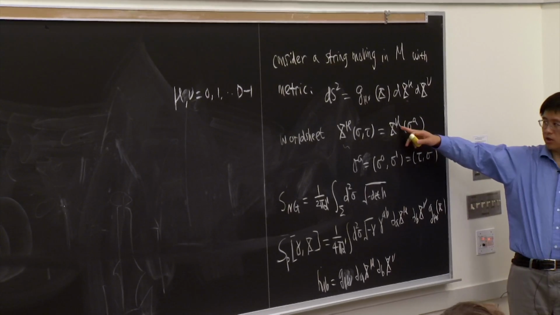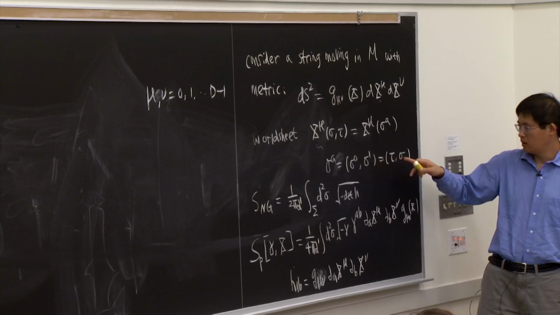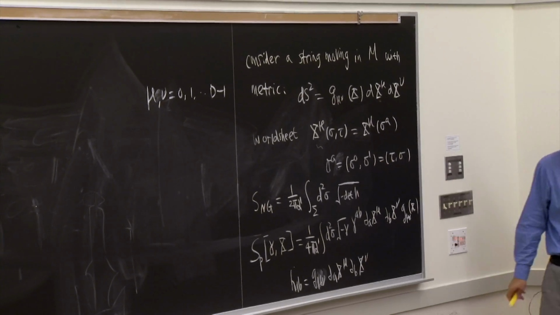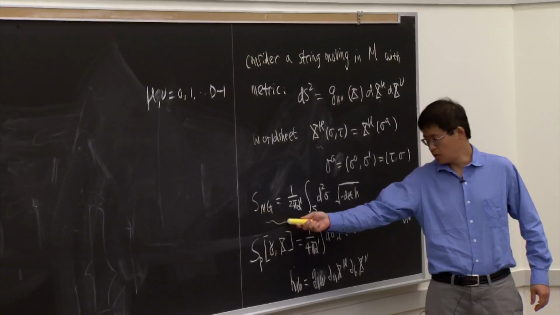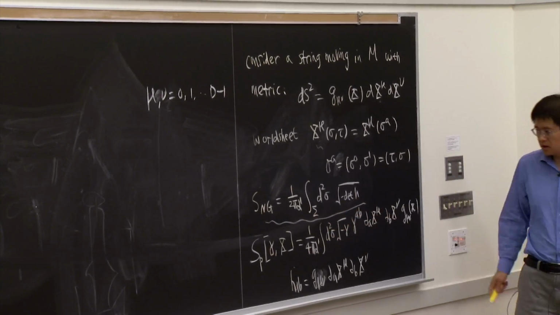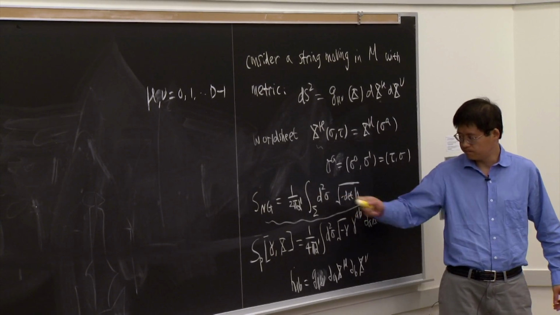Then this describes a mapping of a two-dimensional surface embedded in the full space-time. I will also use the notation sigma a, where sigma a is sigma 0, sigma 1, equal to tau and sigma. And then the simplest action, which has a clear geometric meaning, is just the area of the surface.